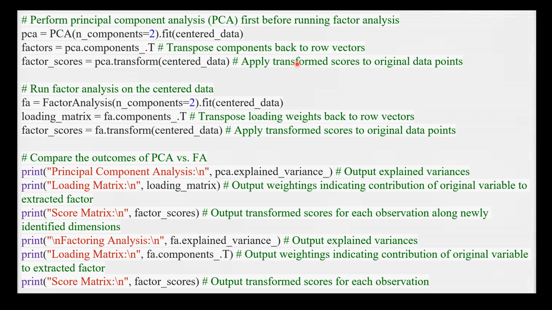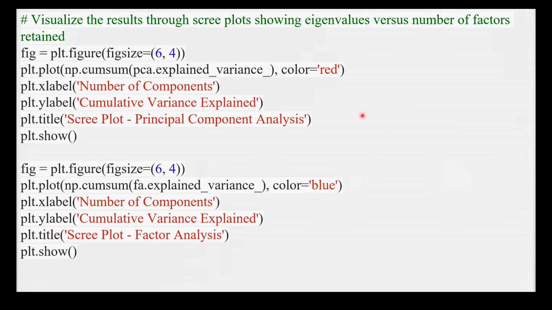After running these analyses, we compare their outputs by printing various details, and then we generate visual representations that display the amount of cumulative variance. By comparing the results of PCA and factor analysis, we can gain insights into which particular technique fits our model. Then we will get the results when we run this code.